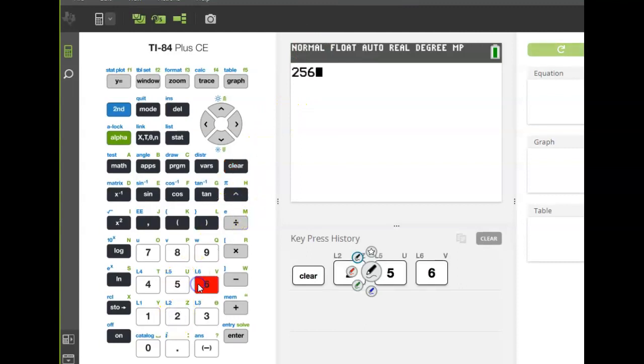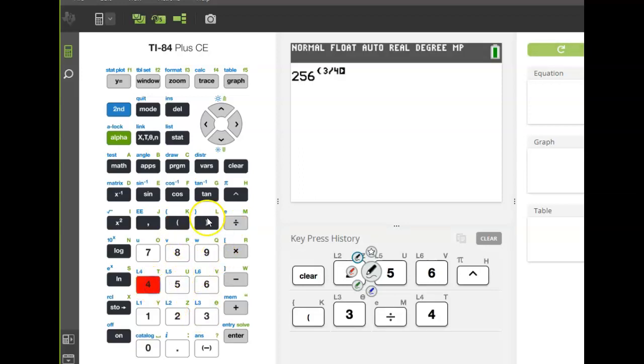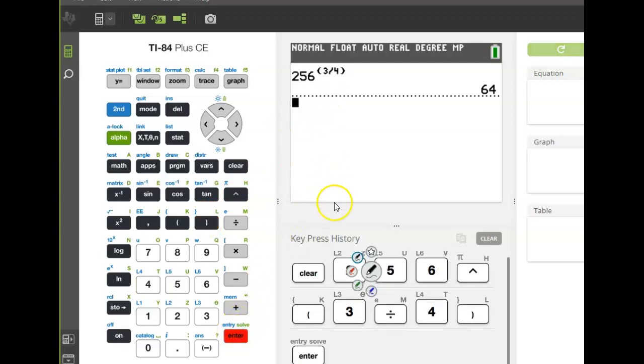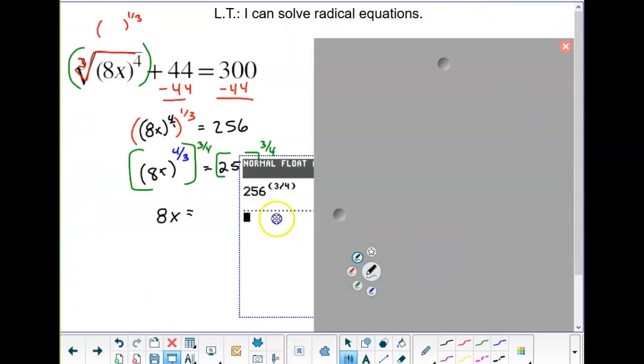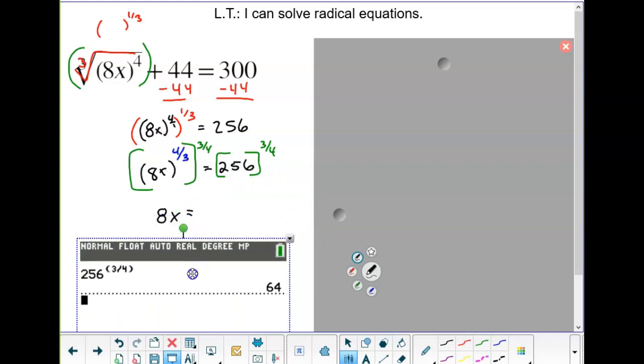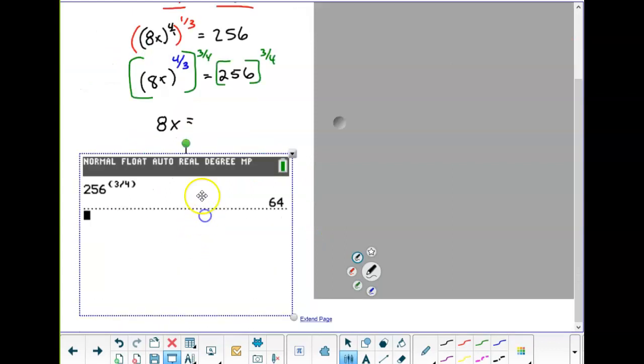So 256, and then that's where this little caret symbol comes in. And then I always put parentheses anytime I'm dealing with a fraction. That's kind of out of habit. It would be fine if you didn't, but it's important to know that that's where that came from. And then you can see our answer is 64.